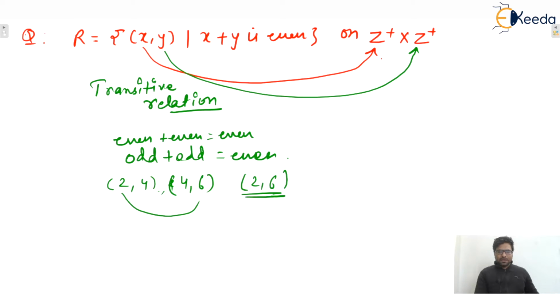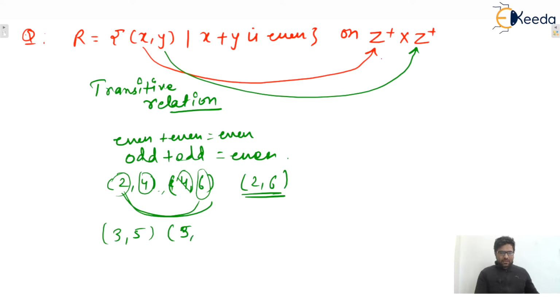Yes, and that will be present, because if this one is even, this one is even, all are even, then the first and last, x and z, will also be even, isn't it? So we can say that yes, that will be transitive. Let's say both are odd.